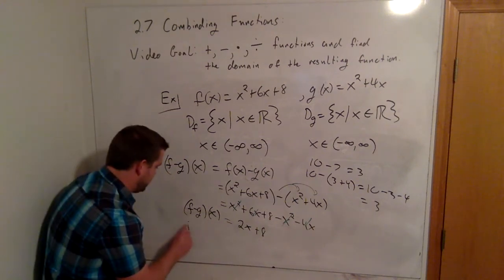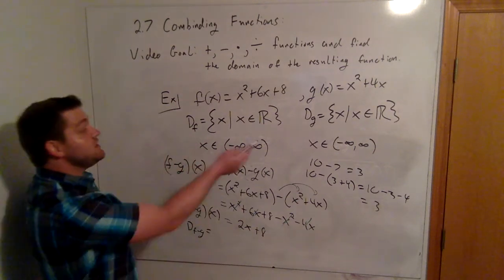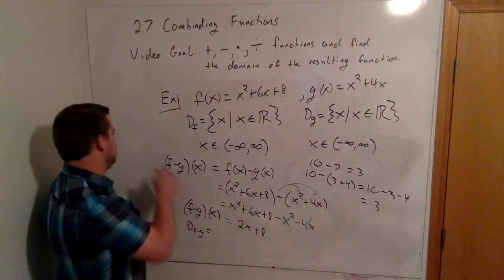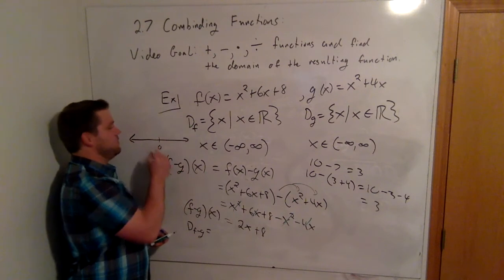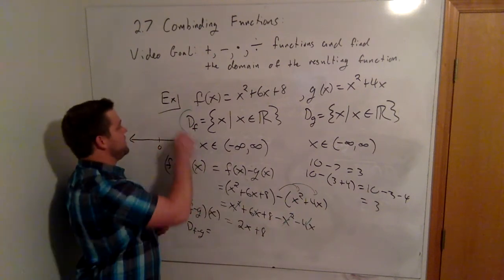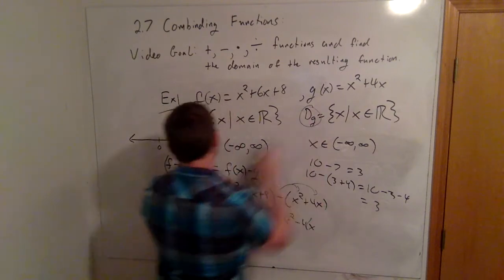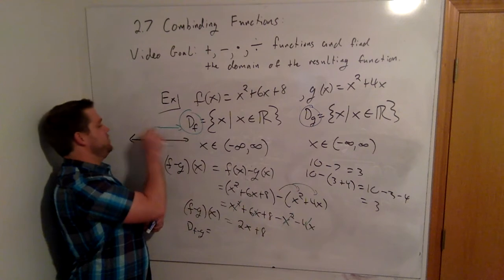Now, what is the domain of this function? What is the domain of f minus g? Well, it has to be the intersection of these two sets. While this is kind of silly, let's draw it here really quick. Here is 0. Let's do the domain of f in green and the domain of g in blue. What can I plug into f? Any real numbers.